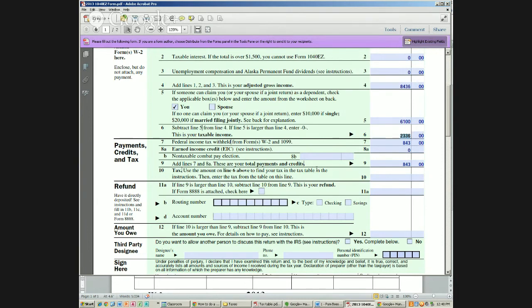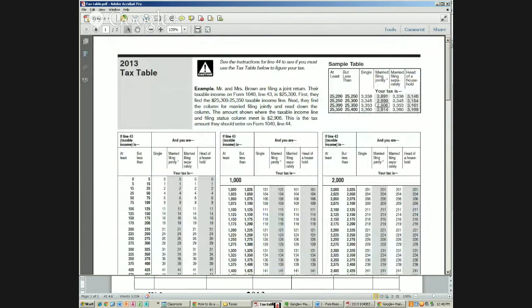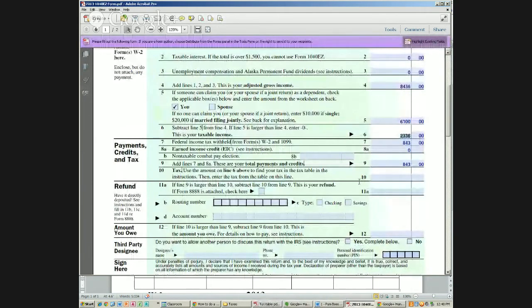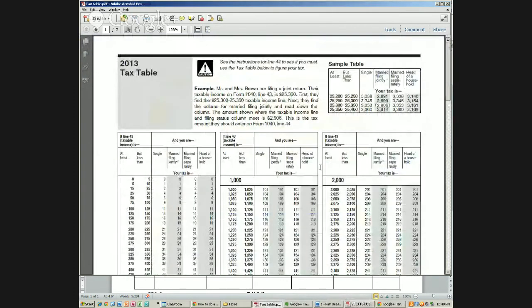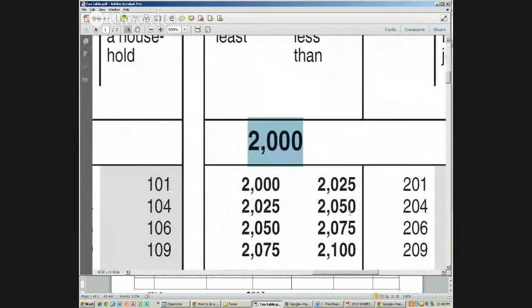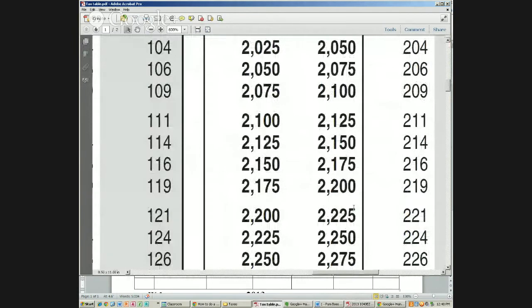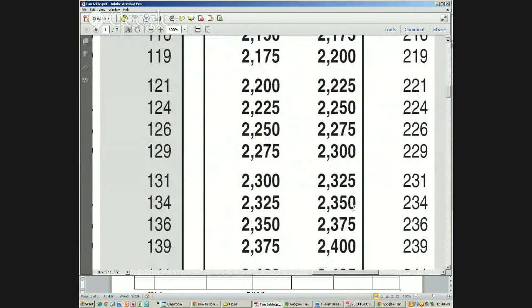So what we're going to do now is use the amount from line 6, right here, to find your tax in the tax table. So now we're going to pull up this bad boy, and we're going to look for the number 2,336. So we need to find where it fits in between. So here's 1,000. Here's 2,000 right here. Let me zoom in. 2,336. All right.